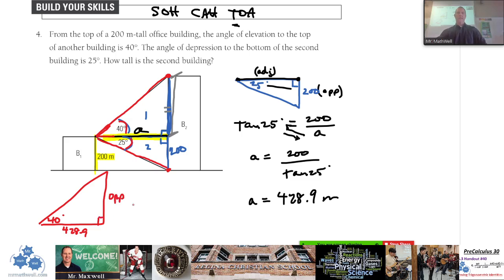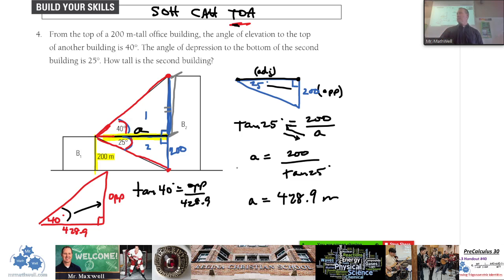So we can find this length right there. And of course, opposite and adjacent, well, that's tan again, isn't it? So I could set up a tan ratio here. Tan of my angle, which is 40 degrees, equals opposite side, which I don't know, divided by adjacent, 428.9.